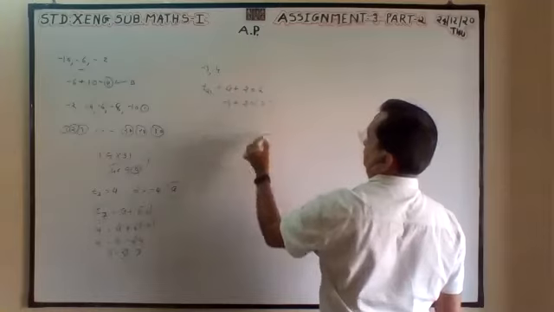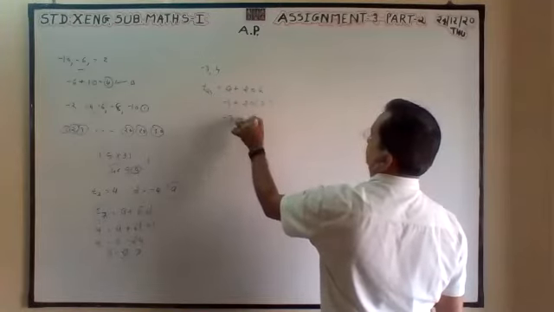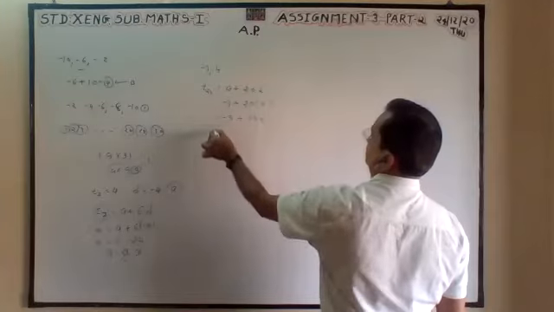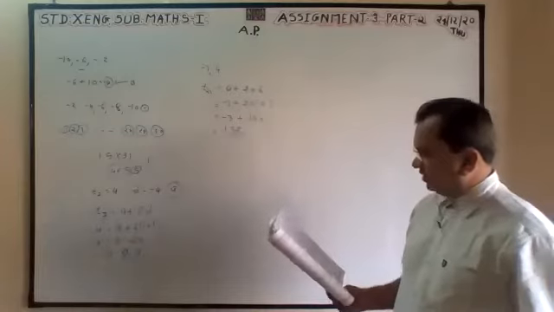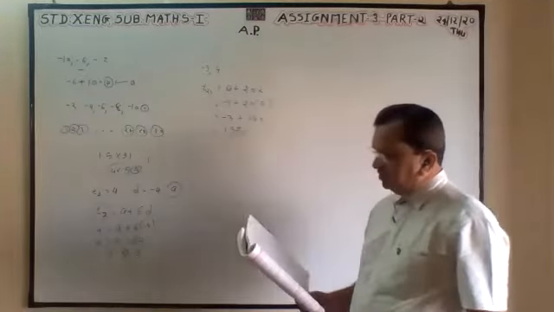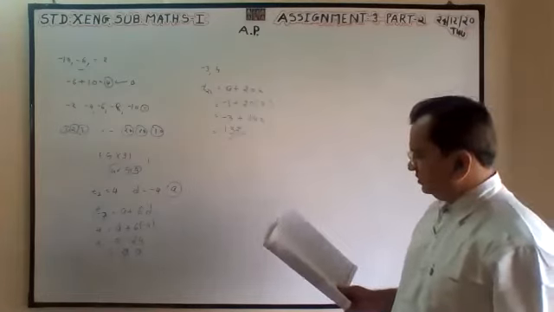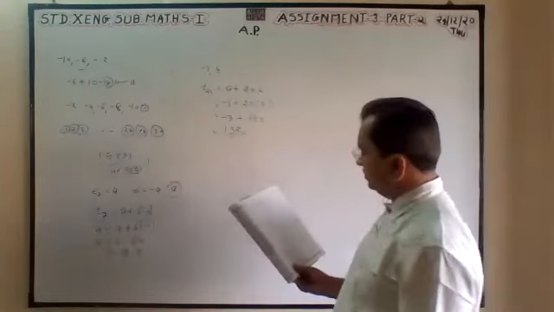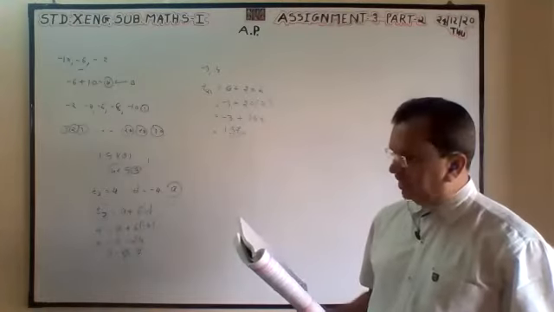Difference is 7. So 137. That is C, not B, because A is given negative. Not B. So the answer is C.